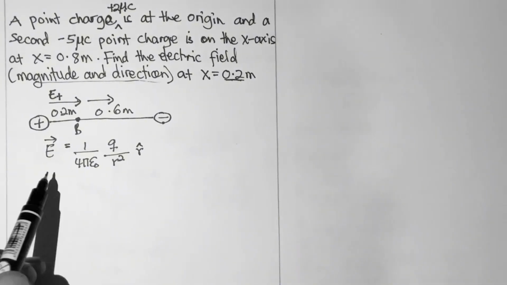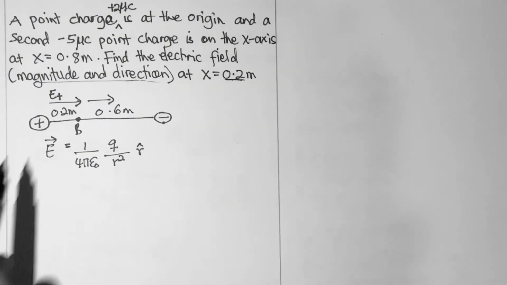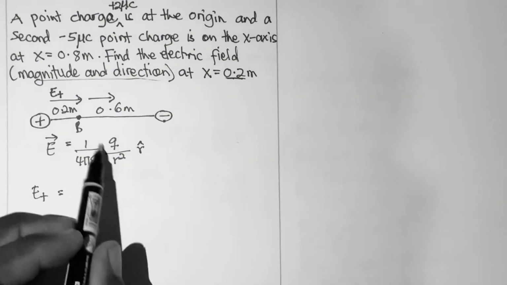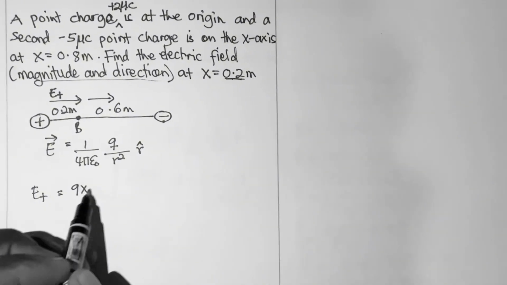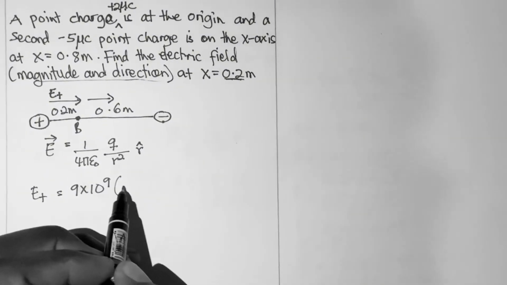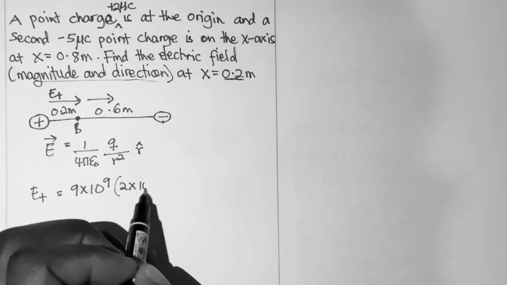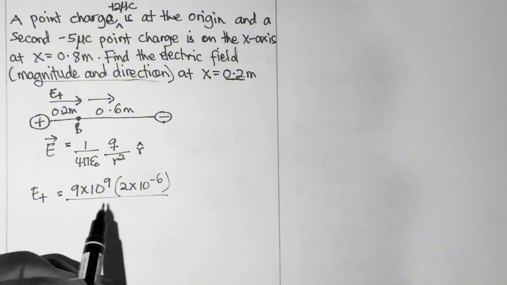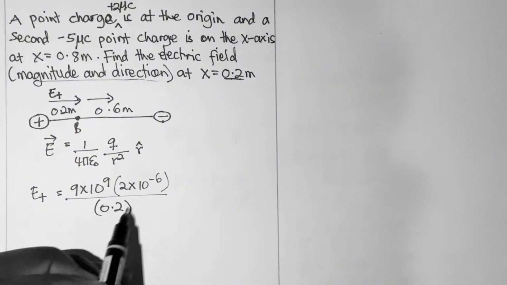Let's find the magnitude of the electric field due to the positive charge. So E plus is equal to, now all of this is 9 times 10 exponent 9, then times the charge, which is 2 microcoulombs, so 2 times 10 exponent minus 6, divided by the square of the distance, which is 0.2 squared.